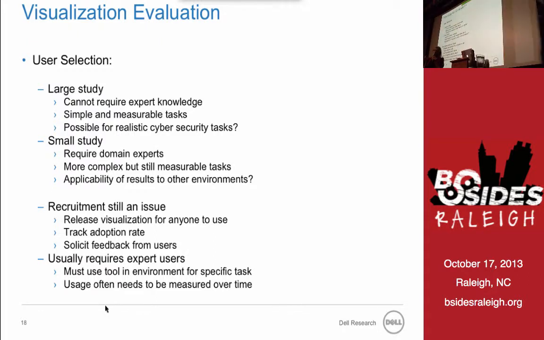And if you have a smaller number of users, how well does that actually work? If I have 5 people evaluate it and they happen to be friends of mine, can I then go and say, this is going to work for, say, US-CERT? How is that actually transferable? Is there any way to show that that's transferable?